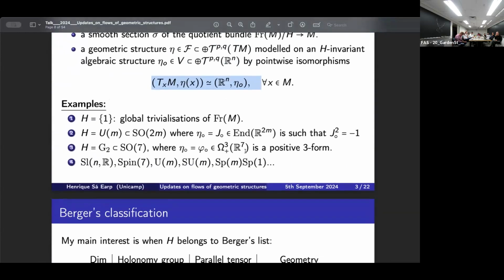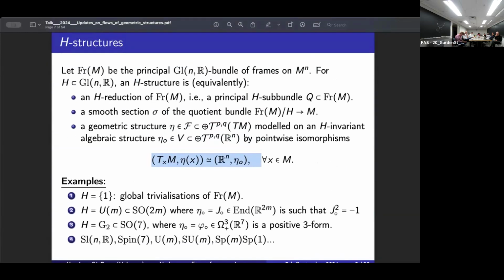Sorry, can you go back? So H is a subset of the frame bundle? H is a sub-bundle of the bundle of isomorphisms, and then you take the quotient by a certain group H. The frame of M is all of the GL(N), and then you take the quotient. H is a subgroup.